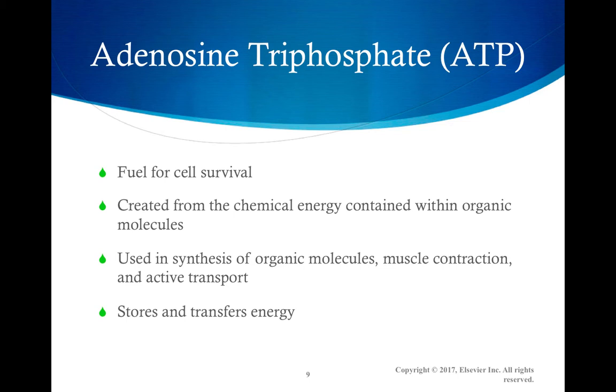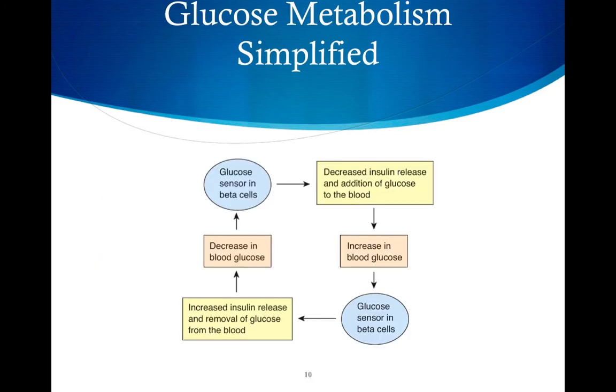And we'll talk about a lot of processes throughout the course of this semester where energy is stored and transferred through the use of ATP and what happens when that isn't happening. Conceptually, we need to understand how glucose metabolism takes place.